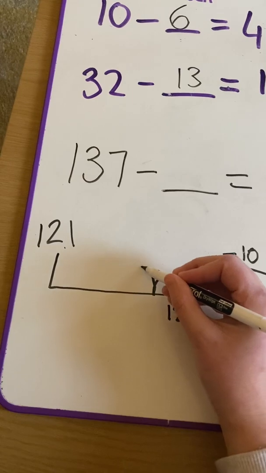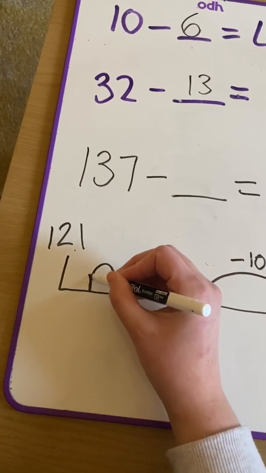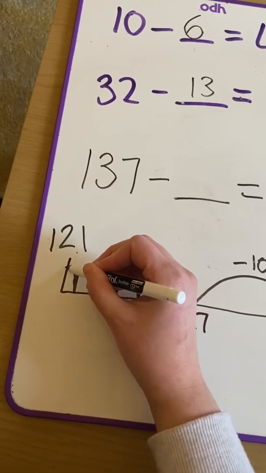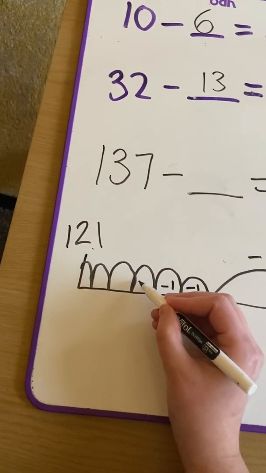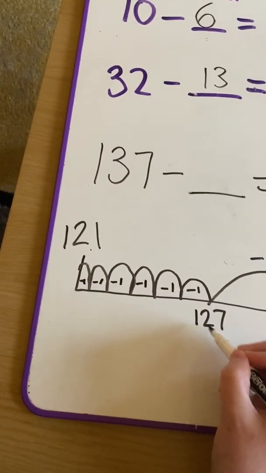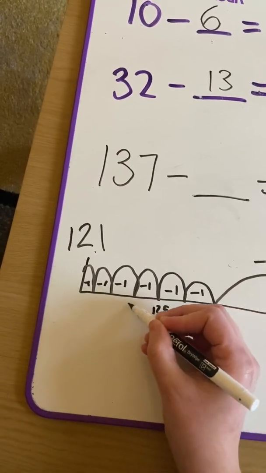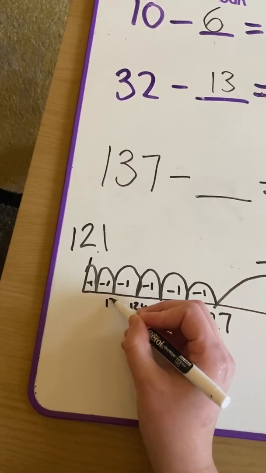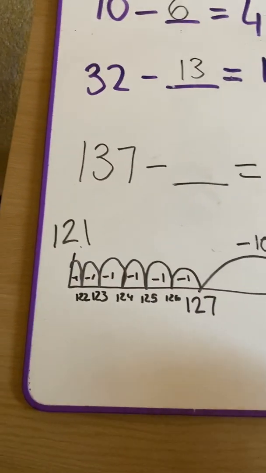126, 125, 124, 123, 122, 121. And each of these I have taken away 1. So let me put these numbers in: 127, 126, 125, 124, 123, 122, and then 121 is up here.